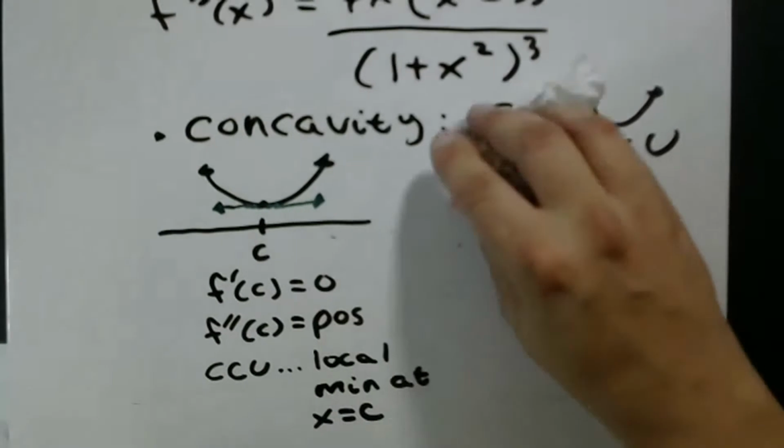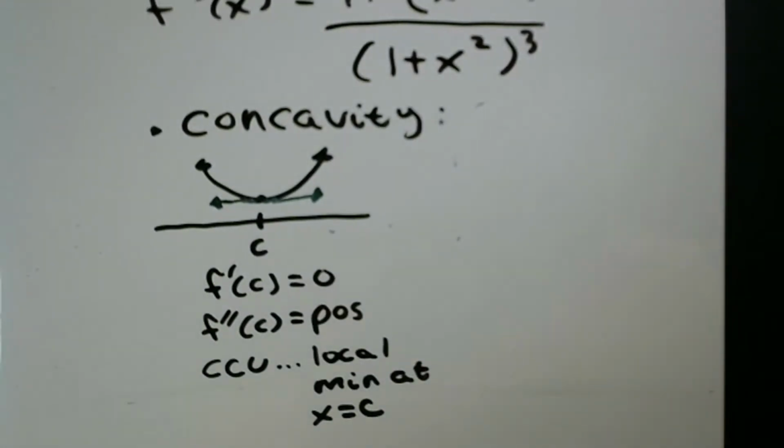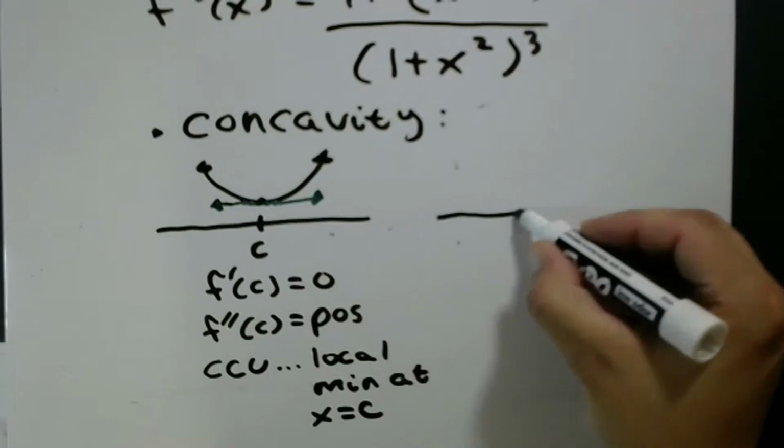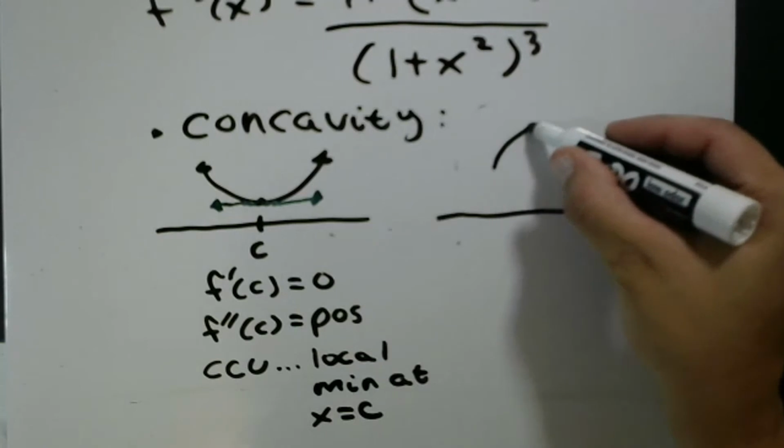So this means that we can use the second derivative instead of test points with the first derivative to determine if we have a local max or a local min at C.